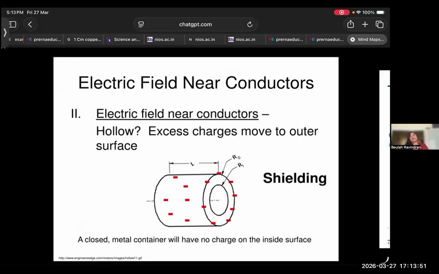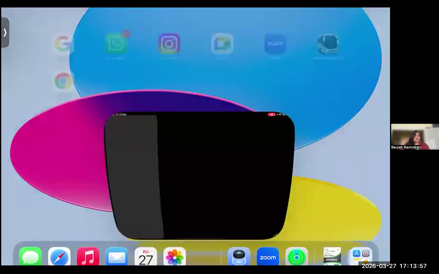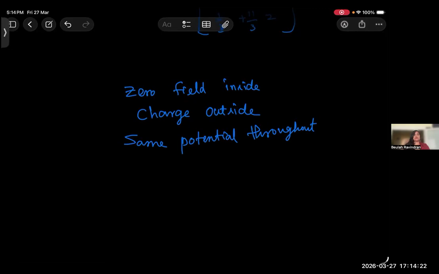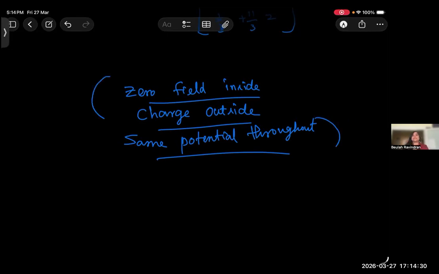So keep in your mind: zero field inside, charge outside, same potential throughout. These 3 points you have to take in your mind. This is a one-line memory trick.